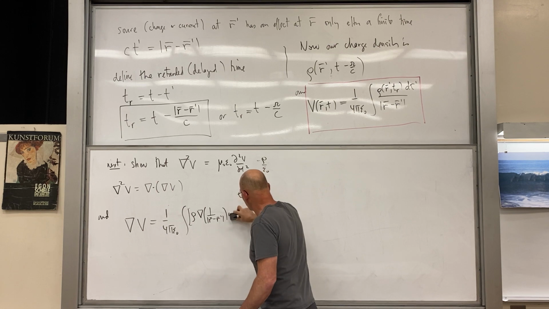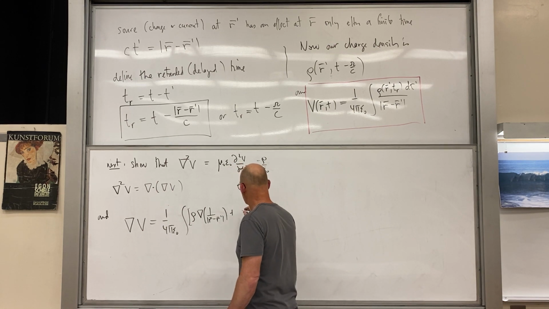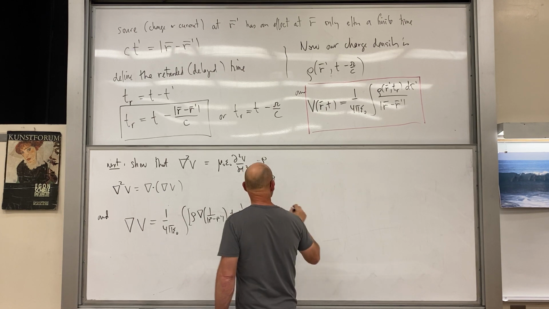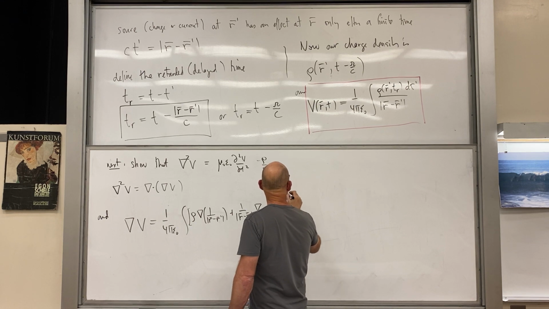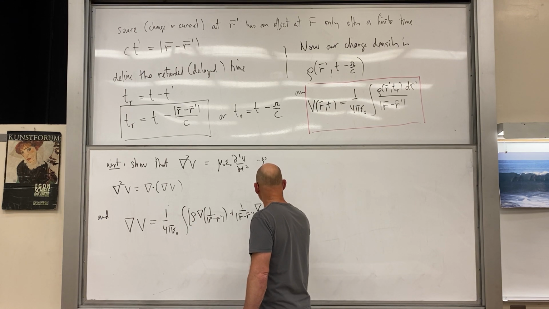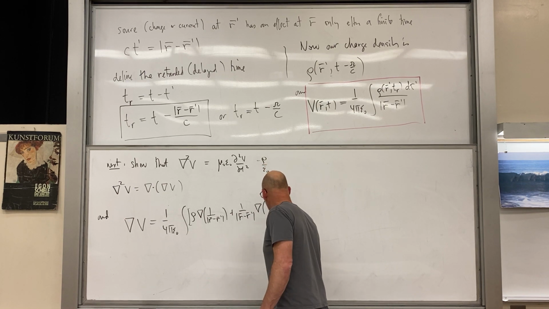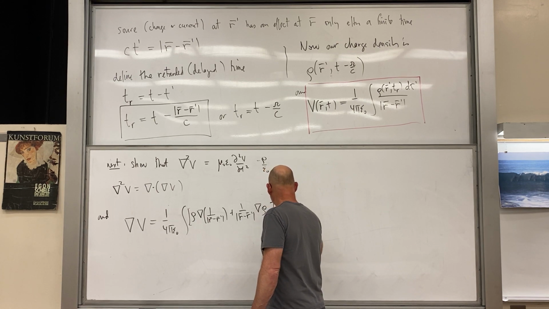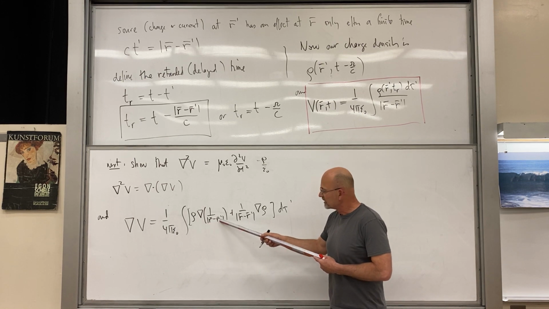Oh, actually, put that outside. Plus 1 over the magnitude of r minus r prime times the gradient of rho. Yeah, just gradient rho. Now looking at those primes there, d tau prime. Remember, these derivatives are with respect to r, not r prime.